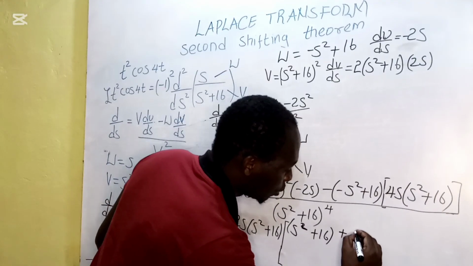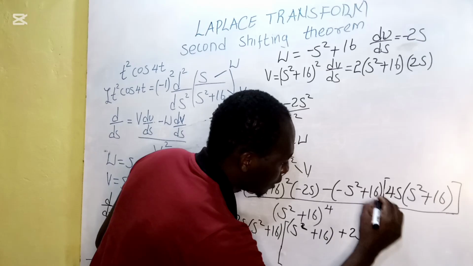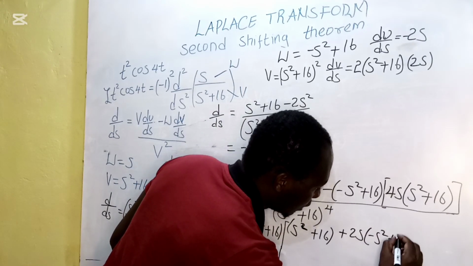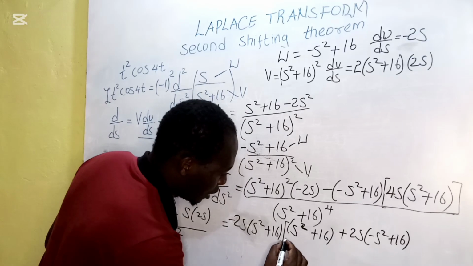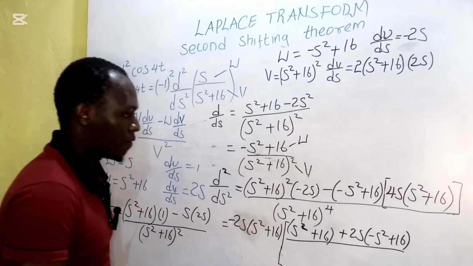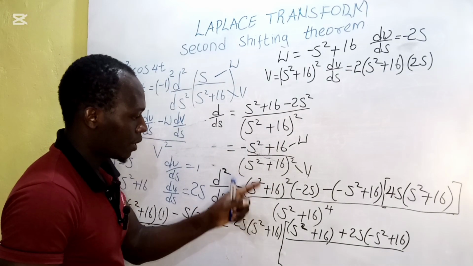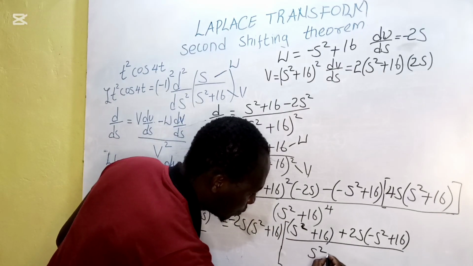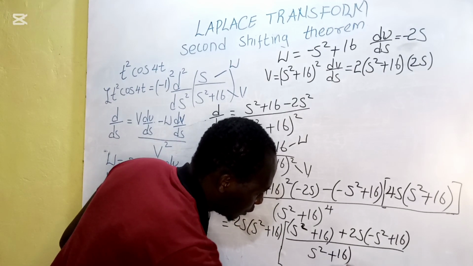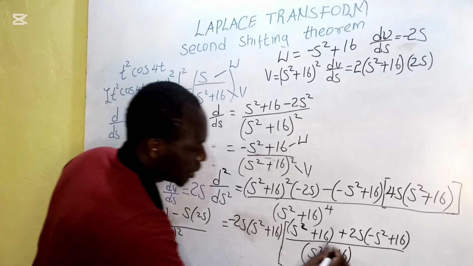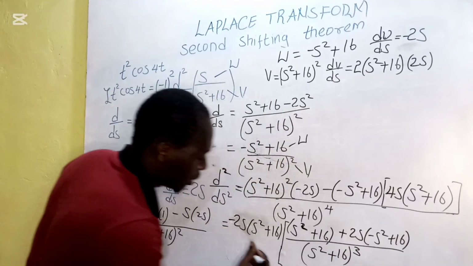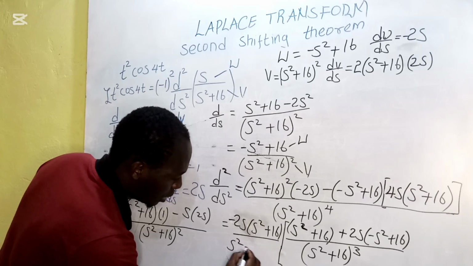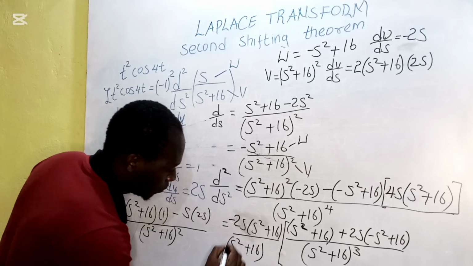Here now I'm going to have 2s into negative s squared I add to 16. Everything is going to be all over s squared I add to 16, but now here I'm going to have power of 3.